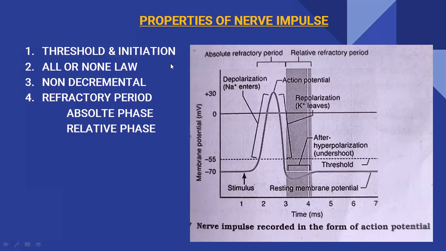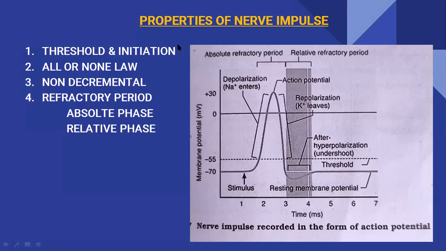And not only in neurons, throughout our body, in all the cells, the same condition exists: outside more sodium, inside more potassium. All these things will be maintained as a part of a buffering mechanism or maintaining ionic balance. But here in neurons, what is happening?